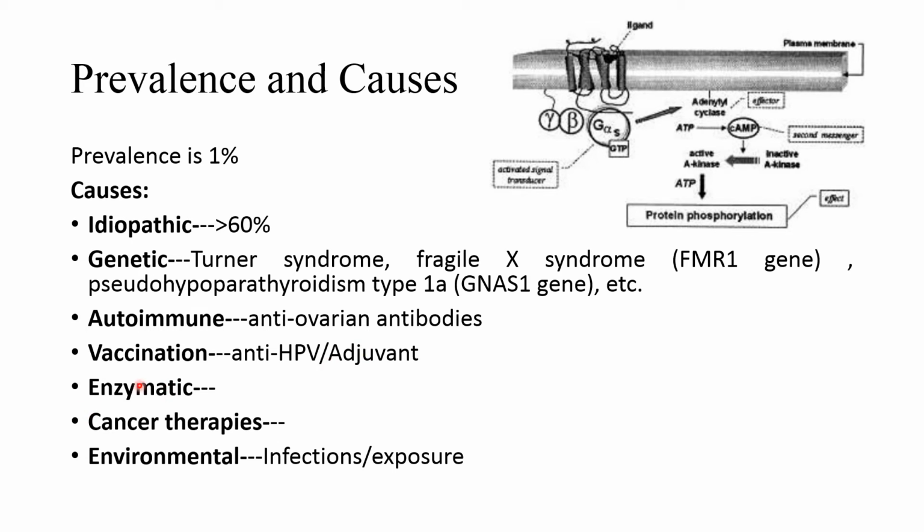And there could be an enzymatic issue, deficiency of enzymes, like enzymes for glucose metabolism. They were also found to be associated with premature ovarian failure, but it is only a few reports.